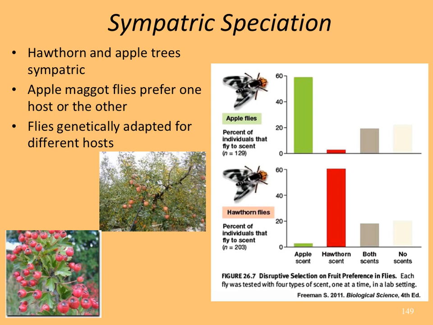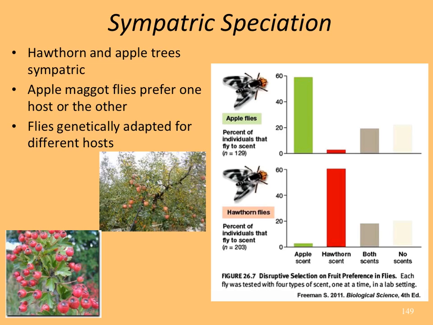So this is the hawthorn and the apple tree. And the flies, there was initially only hawthorn trees and these hawthorn flies. And then they brought over apples. And they were in the same area. They planted them next to hawthorn trees. Okay, all in the same place. Well, over time, apple flies, they were born on the leaves of apple trees or on the fruit. That smell, they like that smell. So anytime they're presented with that smell.